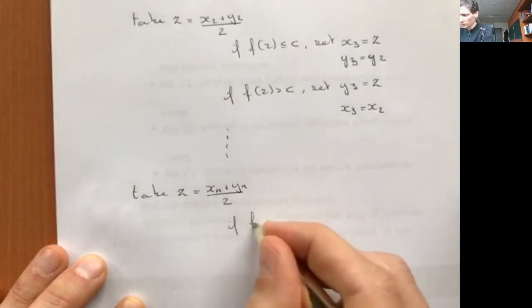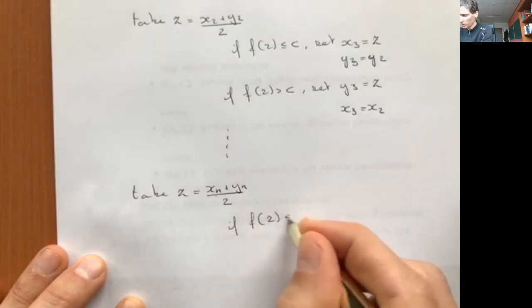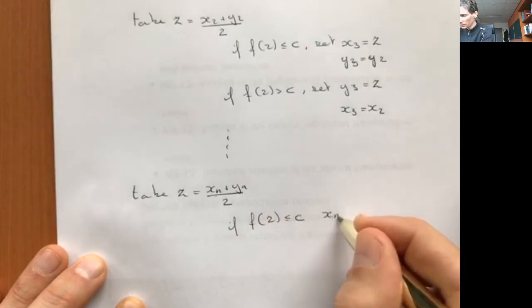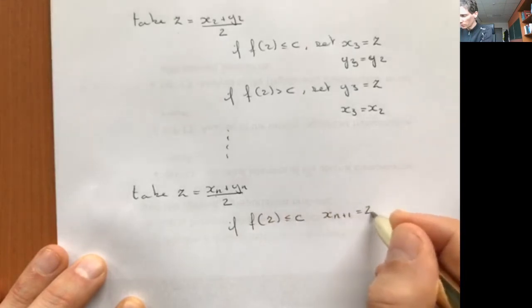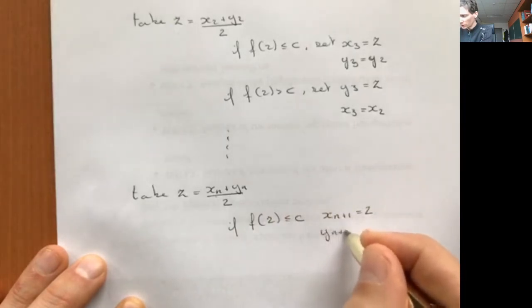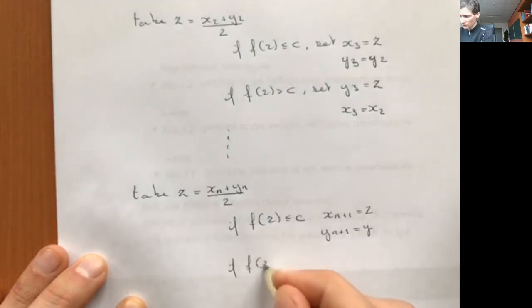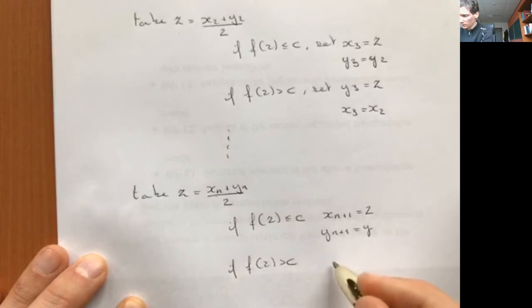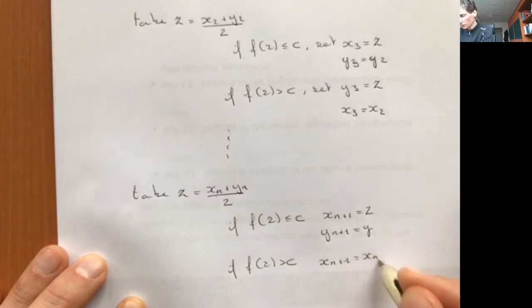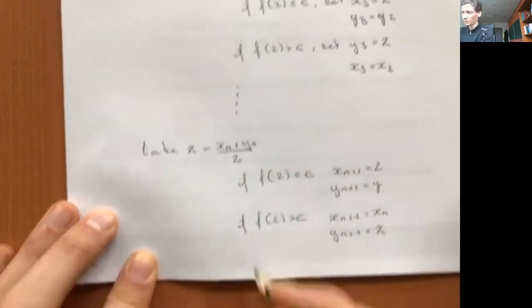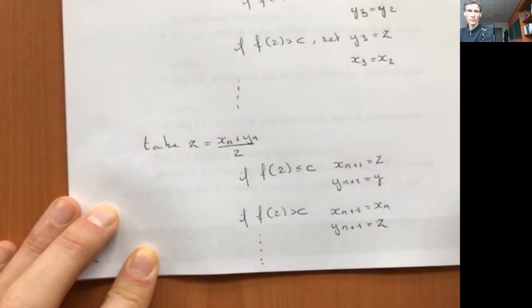Then if f of z is below c, we set xn plus 1 to be equal to z and yn plus 1 to be equal to yn. If f of z is bigger than c, then we set xn plus 1 to be equal to xn and yn plus 1 to be equal to z, and so on.